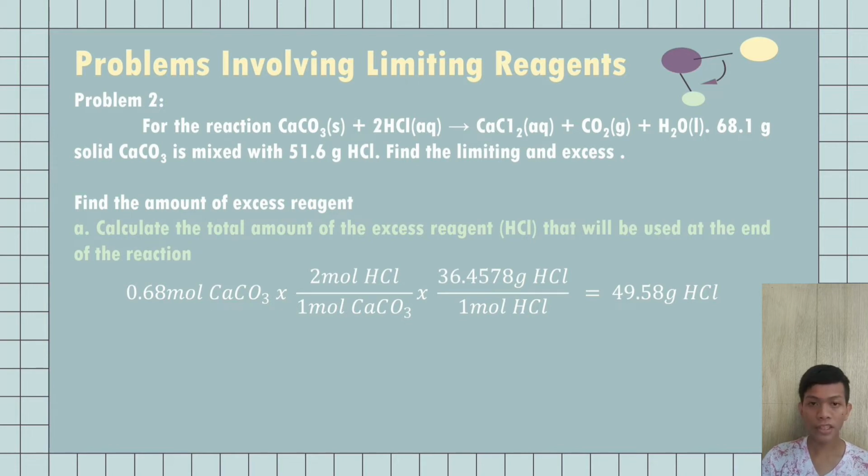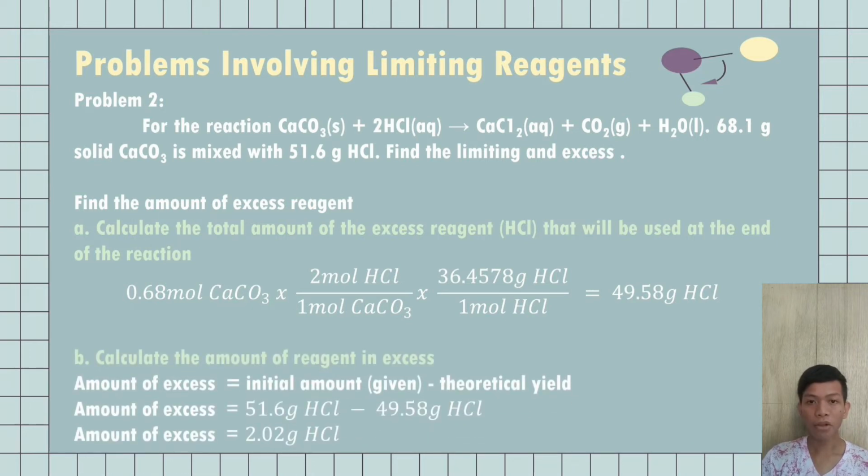Then to convert it into grams, we will multiply it by the molar mass of hydrogen chloride, which is 36.4578. This results in 49.58 grams of hydrogen chloride. So at the end of the reaction, 49.58 grams of hydrogen chloride will be used.